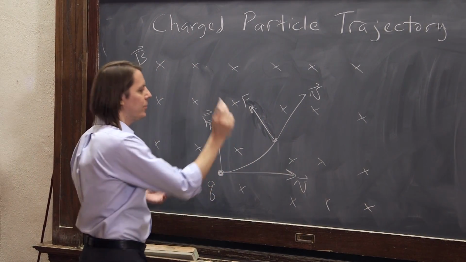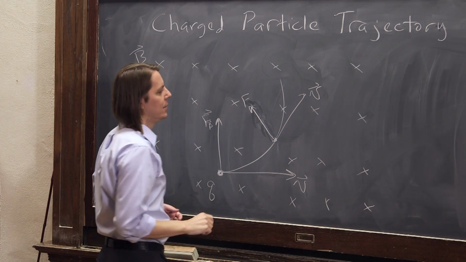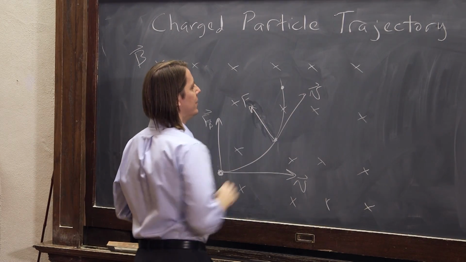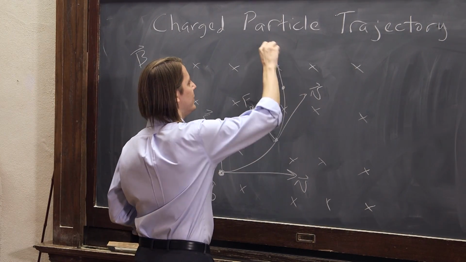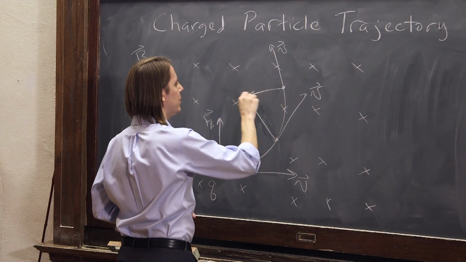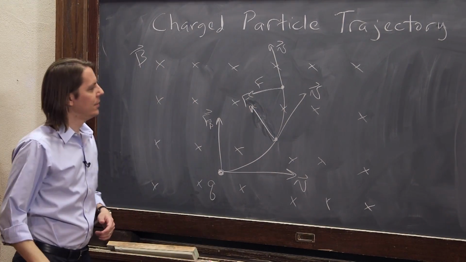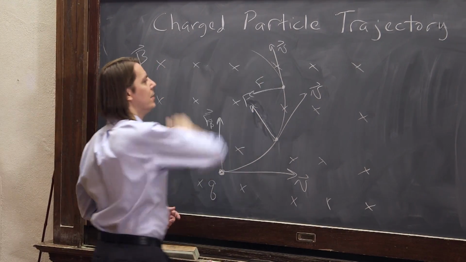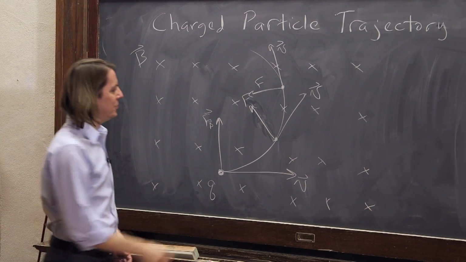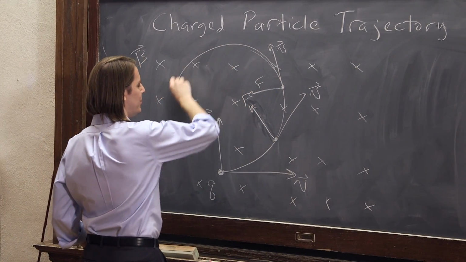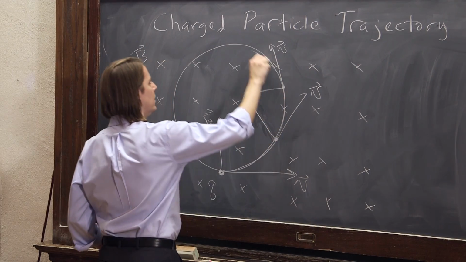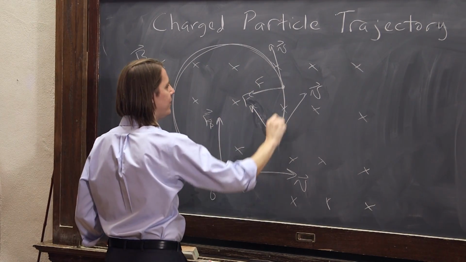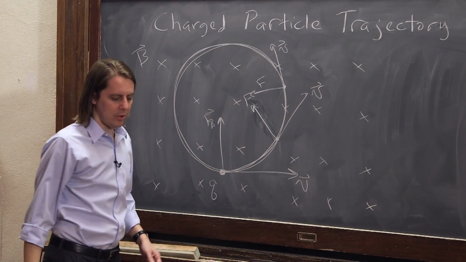Right? So you say, okay, well, it'll follow the trajectory like that. Oh, but wait a minute, when it gets to here, the velocity's changed again. Now the velocity is this way, and the force is now that way. Say, okay, it's going to kind of go like that. Well, you can see what it's going to do, and you've probably read already, you know what it's going to do. It's going to make a circle. Okay, it's just going to go around in a perfect little circle.